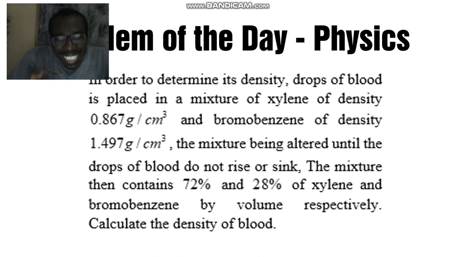This means that at this point, the density of blood is equal to the density of the mixture, which simply means once we are able to obtain the density of the mixture, we are also able to obtain the density of blood. So the most important thing is to calculate the density of the mixture, and having that, we can get the density of the blood.